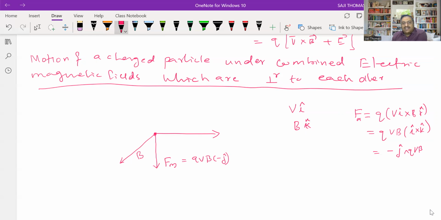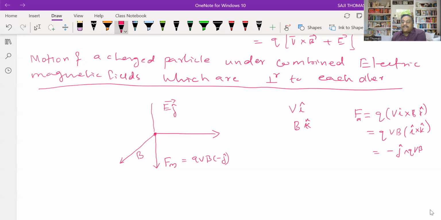Now the charged particle was moving along x direction. Now you apply an electric field simultaneously in the opposite direction. Suppose the electric field is in the j direction. Electric field is represented by E j hat along the positive y-axis.